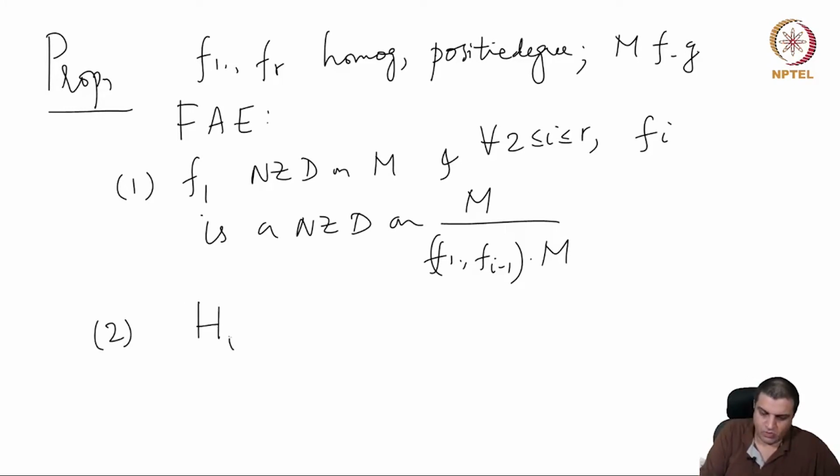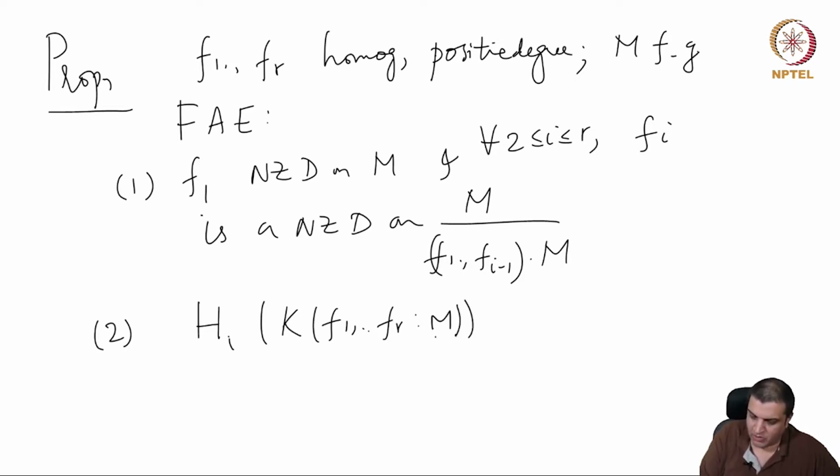The homology of the Koszul complex of M on these r elements is 0 for all i different from 0.